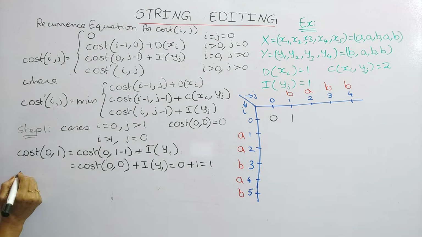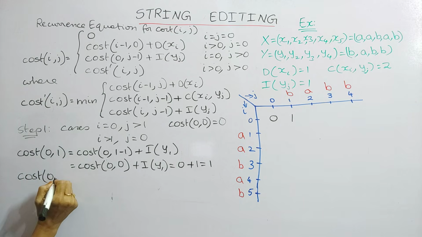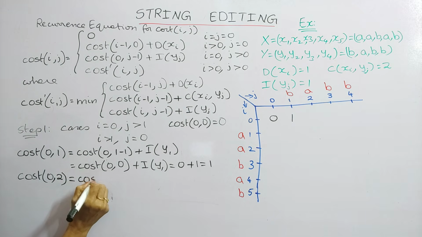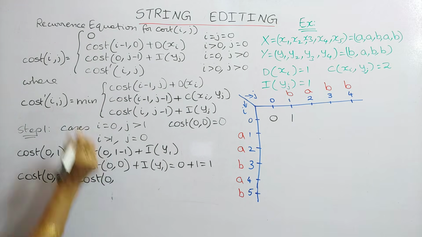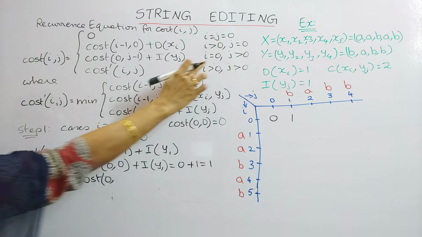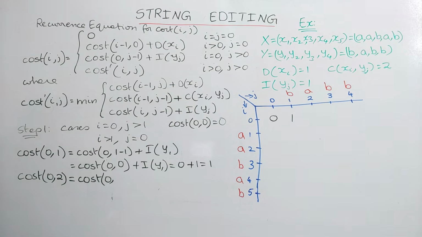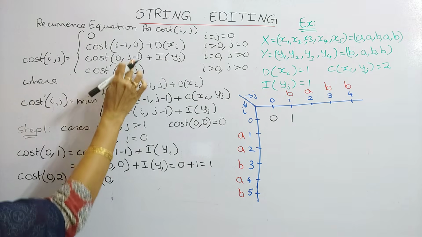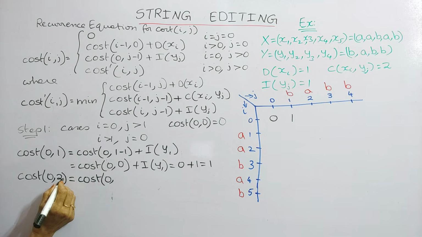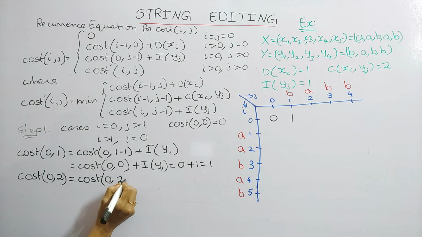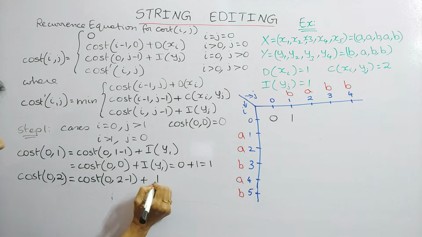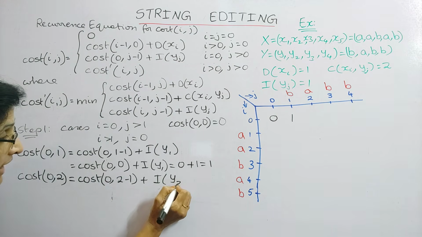Similarly, you should compute cost of 0, 2. Again the same formula, since I is equal to 0 and J is greater than 0. So cost of 0, J minus 1, where J is 2, so 2 minus 1, plus insert of Y2.